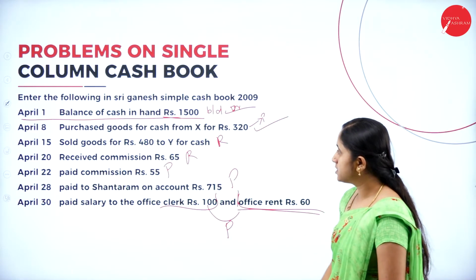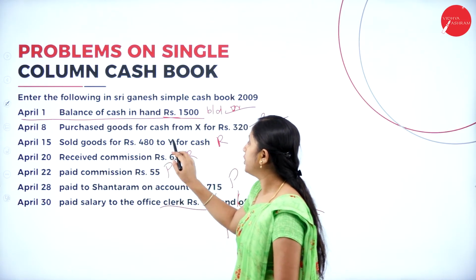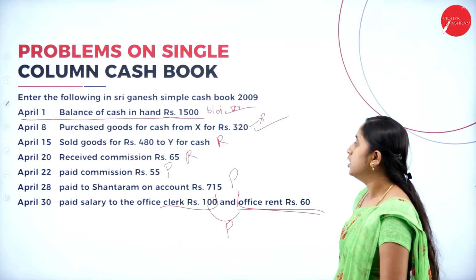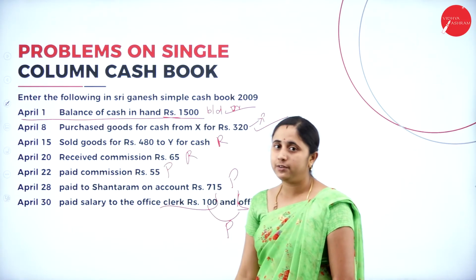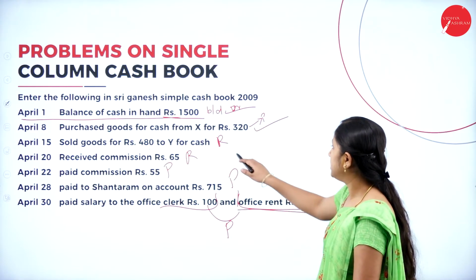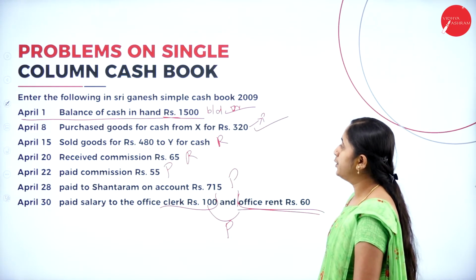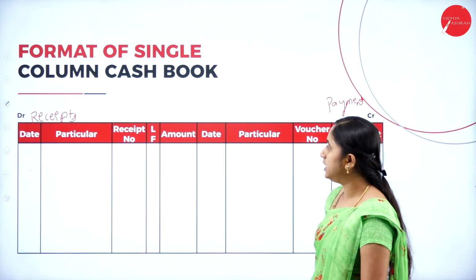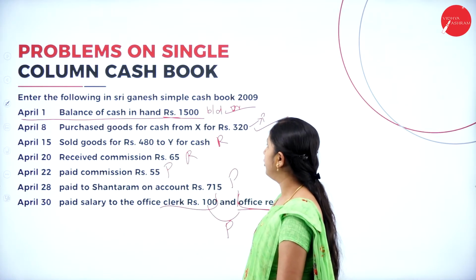Finished. Next, sold goods for 480 to Y for cash. That means cash sales to Y on April 15th. So write in the receipt side to Y account. To Y account rupees 480. Date April 15th.